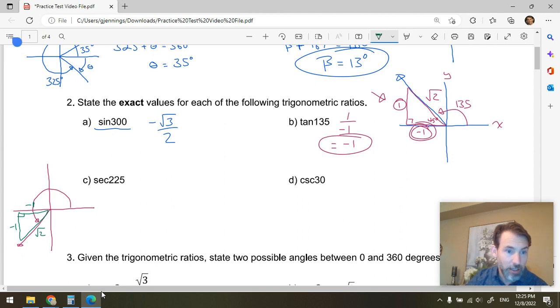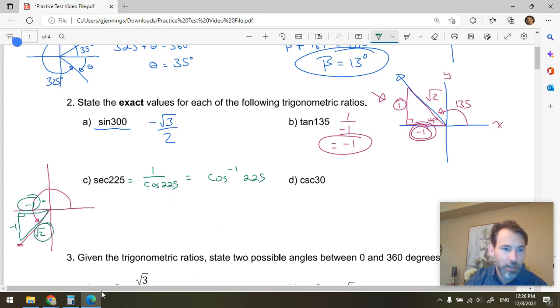Okay, negative 1, root 2. Secant is related to cosine. So secant 225 is equal to 1 over cosine of 225. Or, let's write it this way, cosine to the negative 1 of 225, meaning flip the value of that. Let's find cosine first, and then we'll just flip it over. Cosine is adjacent over hypotenuse.